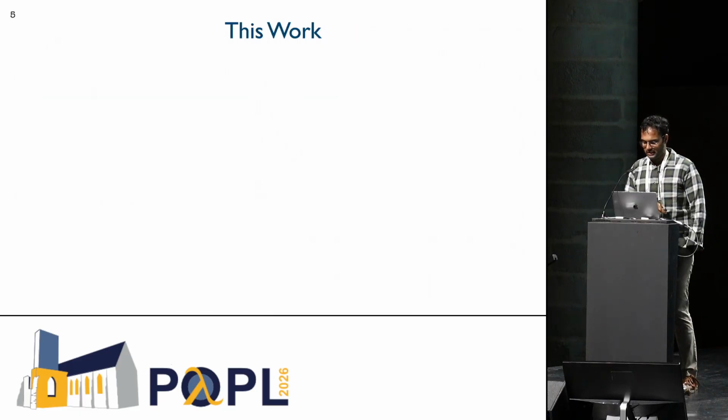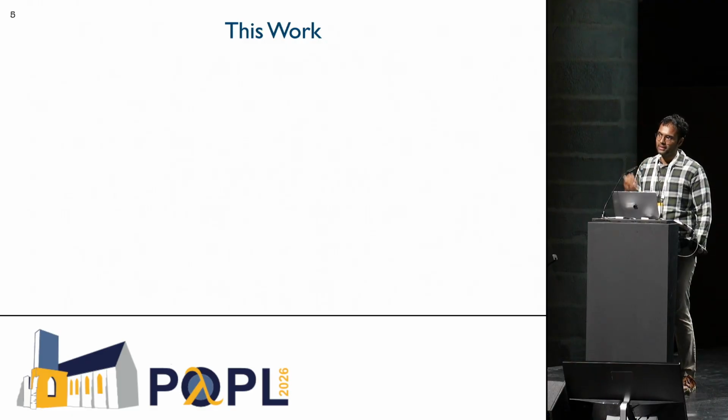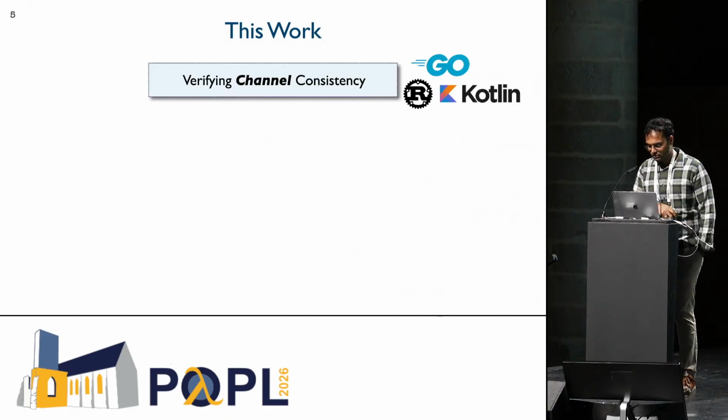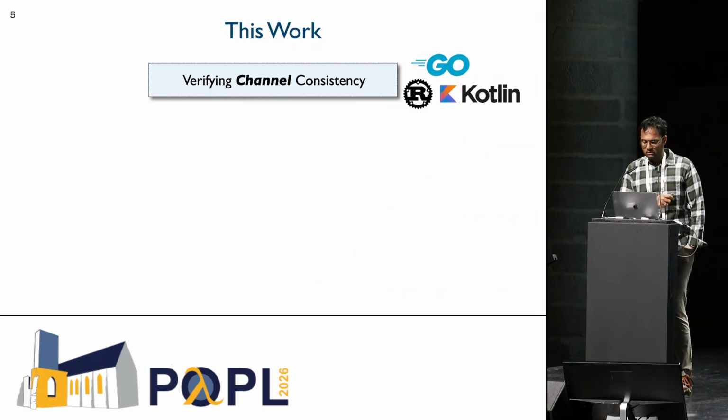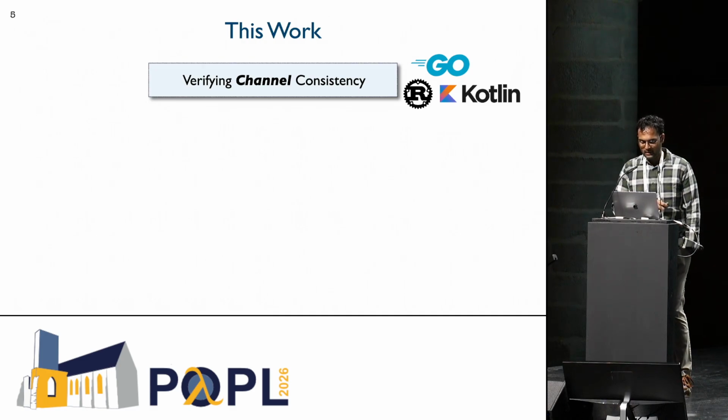And in this work, we take a thorough complexity theoretic investigation of this problem. We're looking at the problem of checking channel consistency. I have roughly told you what this is about, and in the coming slides I will go into much more detail because the audience may not have a lot of background here.